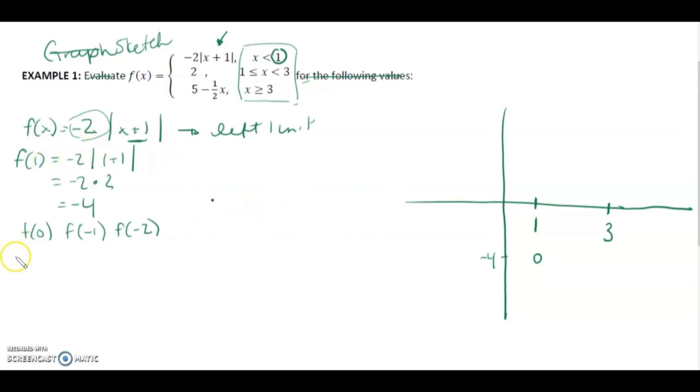So I am going to plug in these numbers. If you plug in 0 here, we get -2. If you plug in -1 plus 1, we get 0. And for -2 plus 1, we get -1, whose absolute value is 1, and we get -2 again. So I'm going to graph these points: (0, -2), (-1, 0), and (-2, -2).